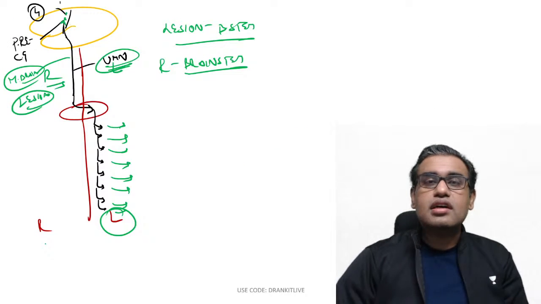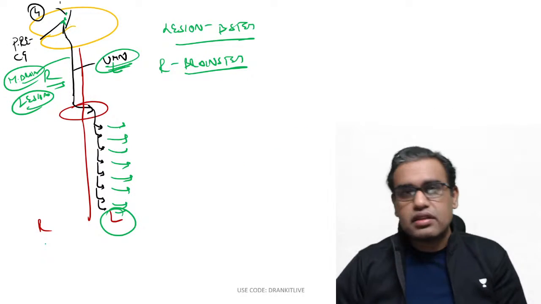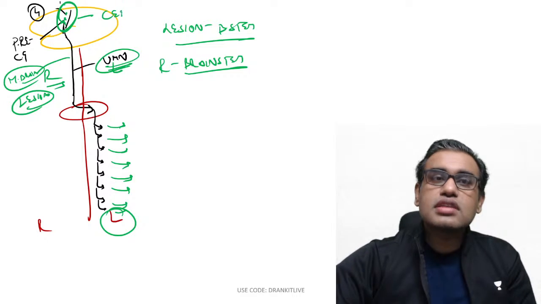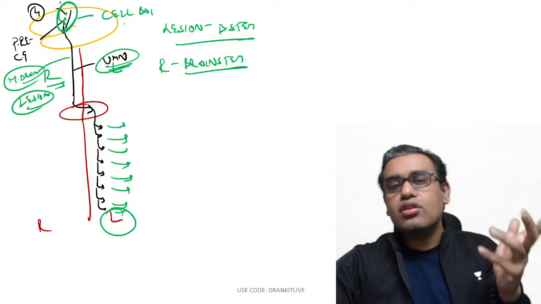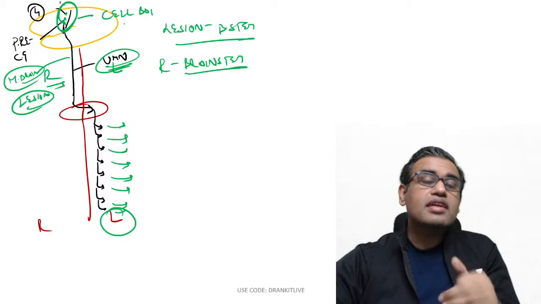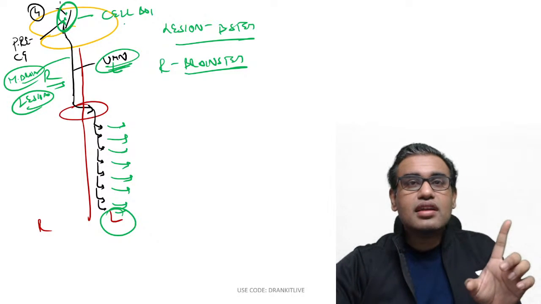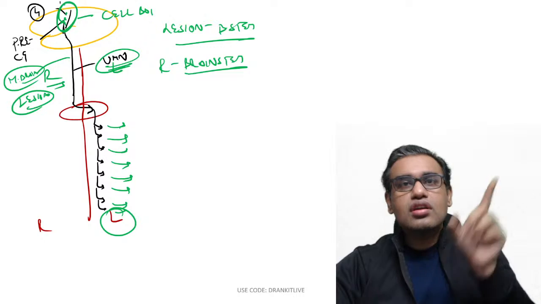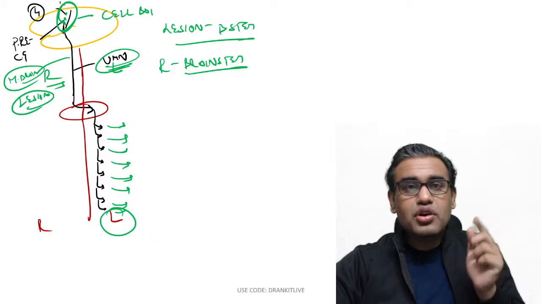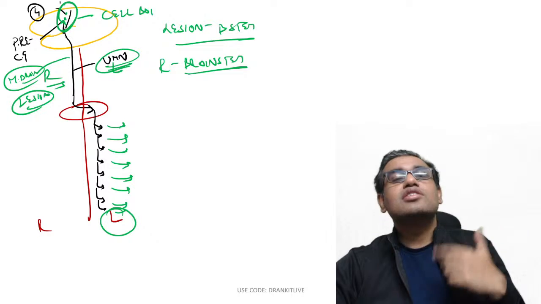So remember, the corticospinal tract is a two neuron pathway. It tells you that the cell body of the upper motor neuron is over here. This is the site of the cell body. What is gray and white matter? Gray is the cell body, and the white matter is axon. They're not asking you about white matter. They're asking you about the white matter axon, where is the nucleus of this axon? The nucleus is in the gray matter. Which gray matter? Right somatomotor cortex.